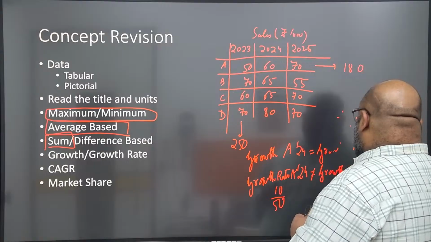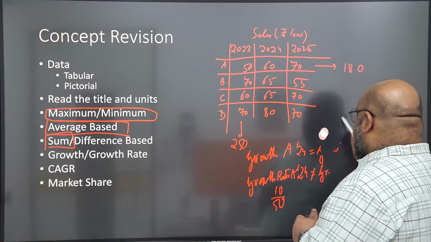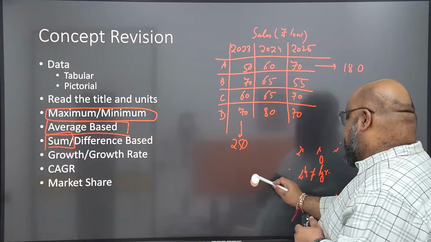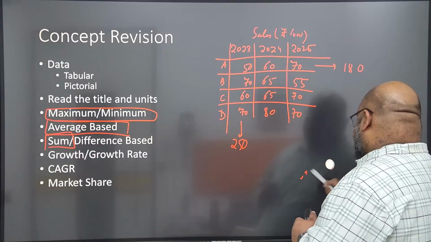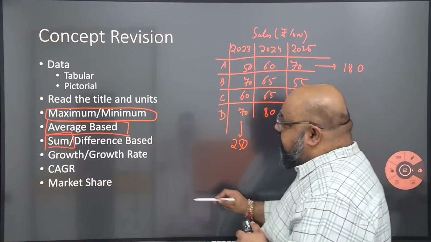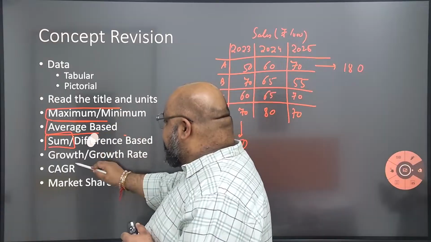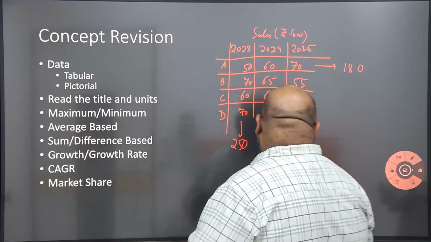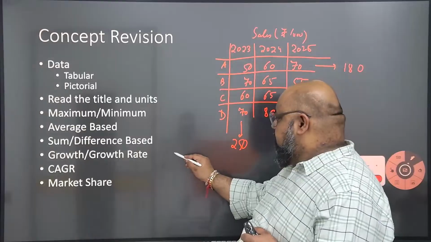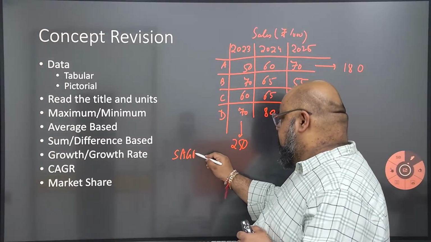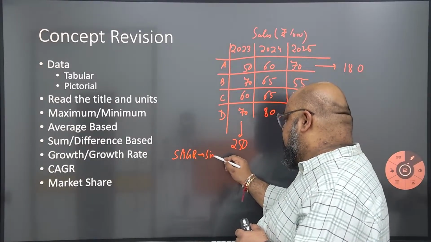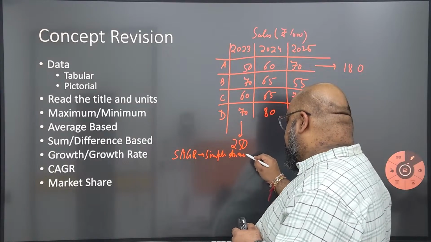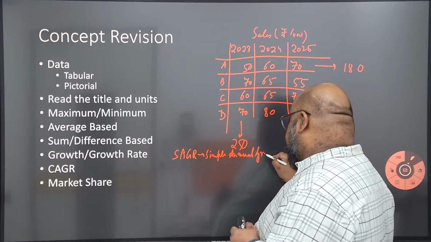Then we come on to SAGR, CAGR. SAGR, CAGR are basically growth rates that are annualized, in the sense that SAGR is simple annual growth rate.